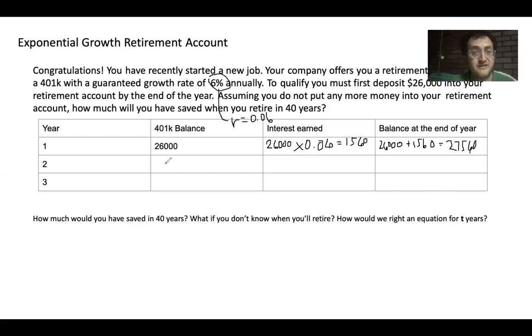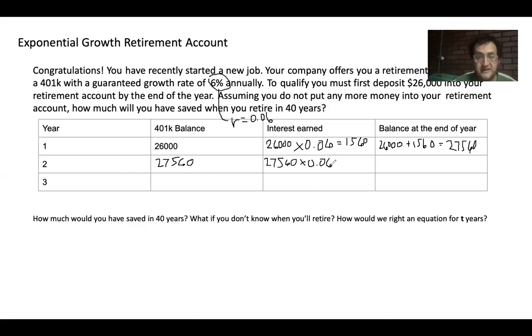So then we're going to take that 27,560 and subject it to the interest rate again. I'm going to do 27,560 times 0.06. Because we have a higher starting balance, we're actually going to get even more interest.